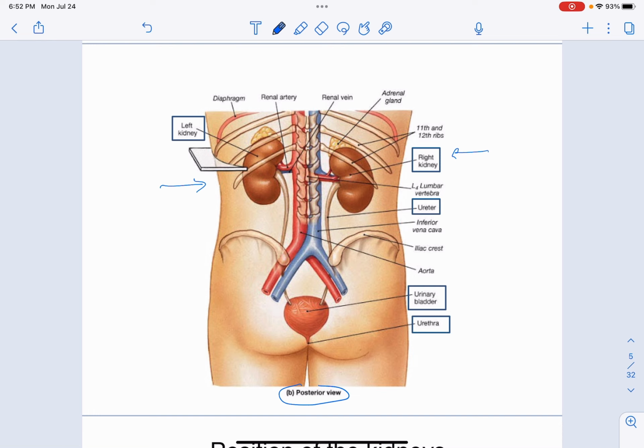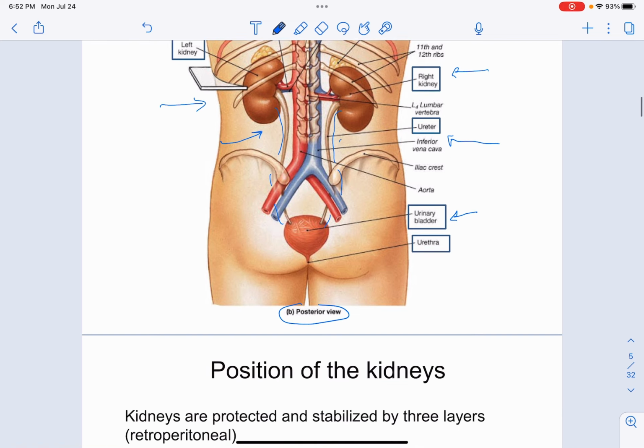You can see the ureters coming down from the kidneys. Those are going to lead to the bladder. But you can see how there's not a lot of protection around the kidneys. So we're going to have other supporting tissue to help protect them. You can see where the urinary bladder sits, and then you can make out the urethra.